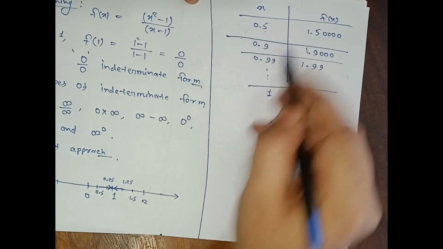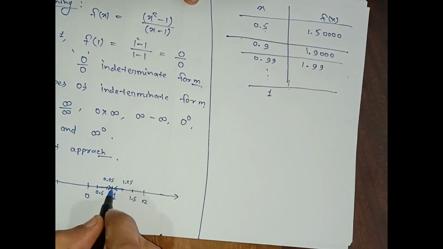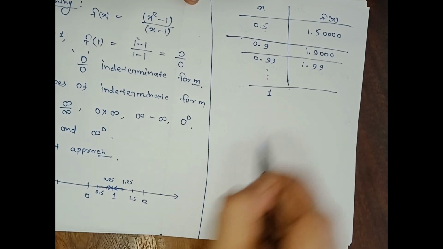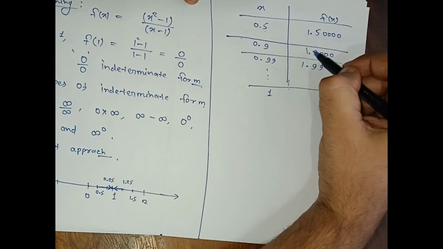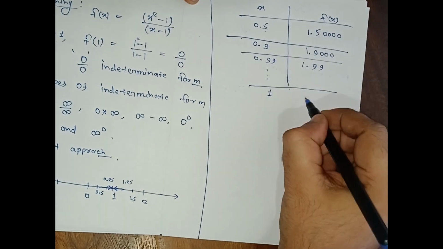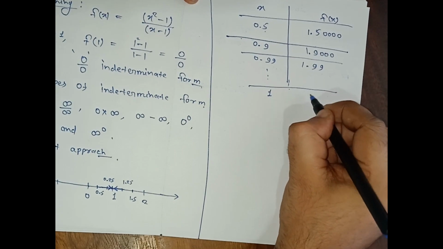As we are going from left, we are getting closer and closer to 1. You can see at first we are getting 1.5, then 1.9, 1.999. You can see it's getting closer and closer to 2.